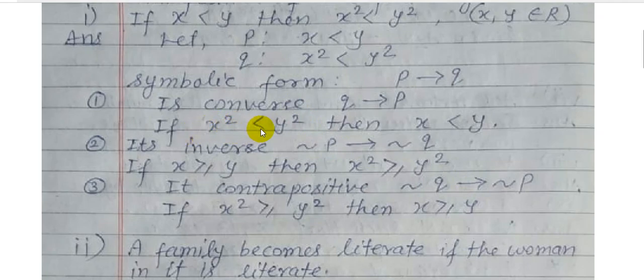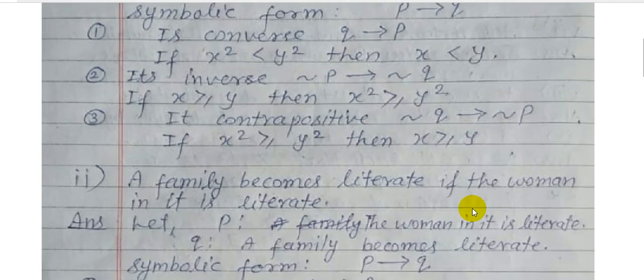Symbolically, if x square is less than y square, then x is less than y, this is the converse. If x is greater or equal to y, then x square is greater or equal to y square, inverse. And for contrapositive, if x square is greater or equal to y square, then x is greater or equal to y. So your first question is completed now. Now see question number second.